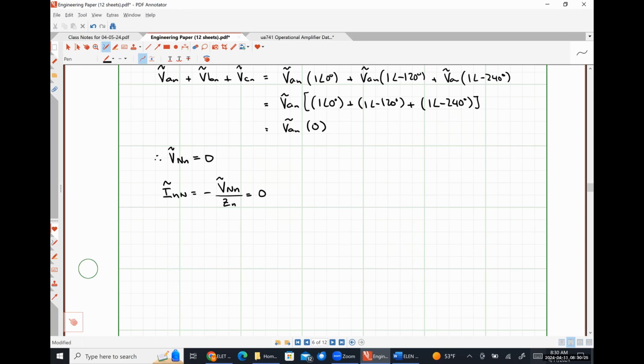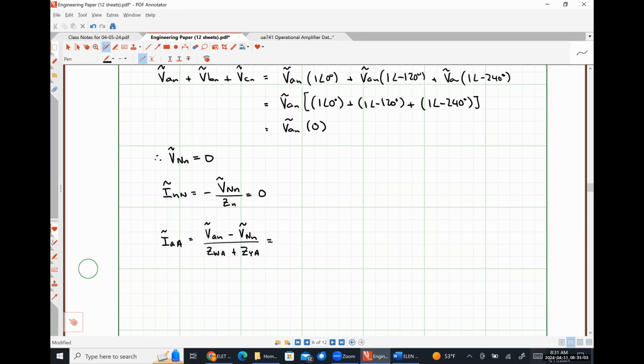So now let's continue on here and let's look at what's going on with our line currents, okay? So our line current IAA is from earlier, VAN minus VNN divided by ZWA plus ZYA.